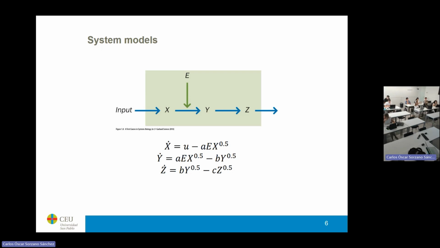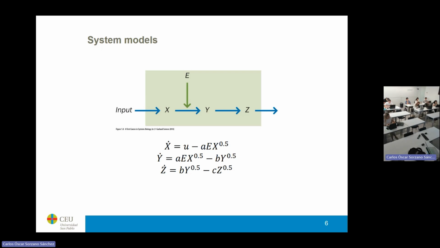So I will write a vector x, y, and I am omitting the time dependence, but there is a time dependence, and this is a vector. This is a vector that we will call the state vector. Okay, so this is my state vector.